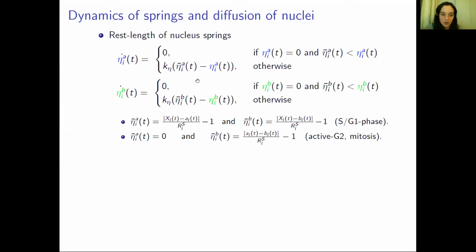So this was important, and it also gives some viscoelastic effect. So the rest length of the springs is always converging to the actual distance between apical and nucleus and basal point and nucleus. And this means that the springs are always relaxing over time.